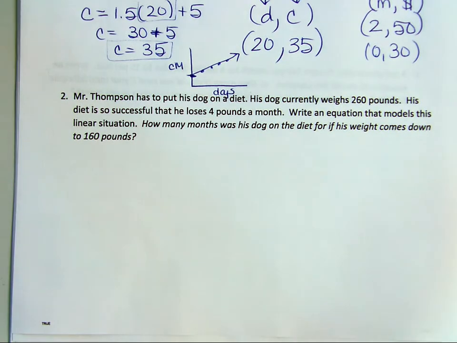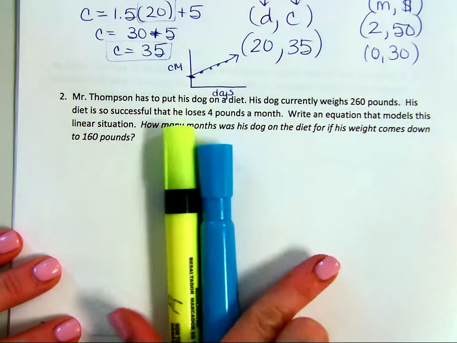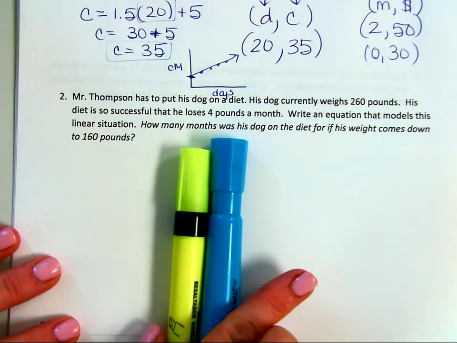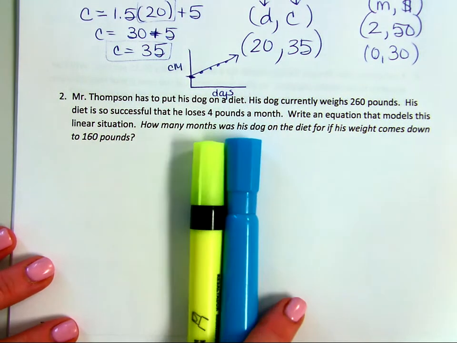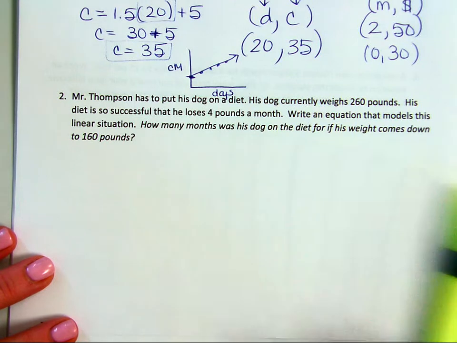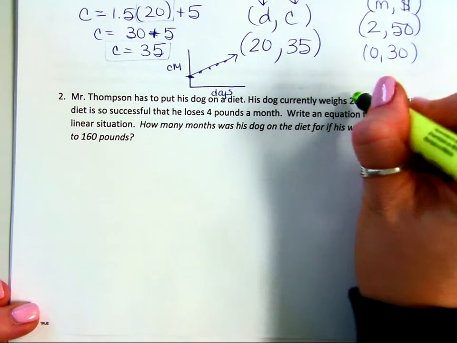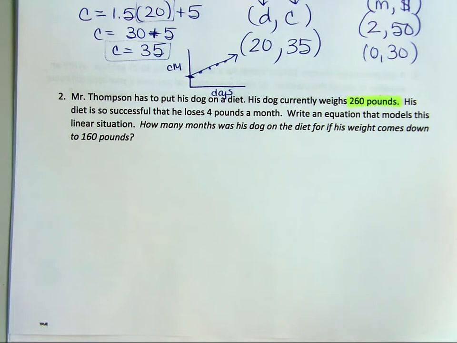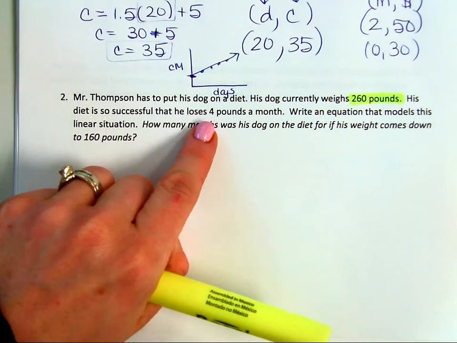So, highlight. What is the dog's starting weight? And what is its rate that it's changing by? So, go ahead. 260 pounds is what it's starting at. And what word should you highlight in with 4? Month is good, but what else? He's losing, right?